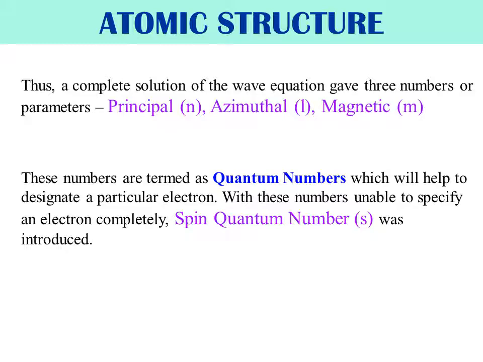With these quantum numbers unable to completely specify an electron, the spin quantum number was introduced. This concept was first proposed by a physicist named Ralph Kronig. Yes, he was the first one to give this proposal about the spin quantum number.